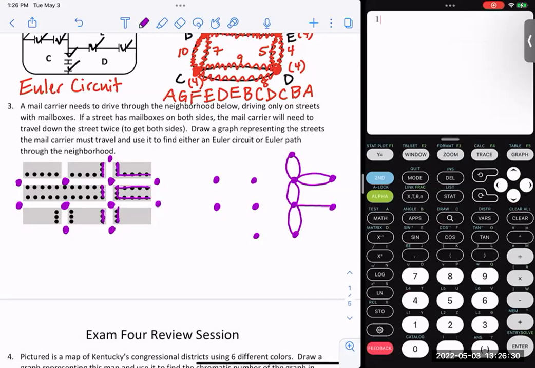Being able to cross these out as I do them, that way I make sure I don't miss any, and don't count any twice by accident.